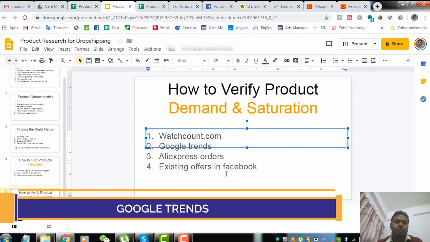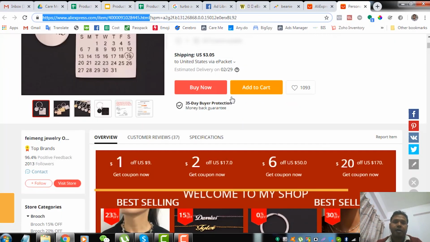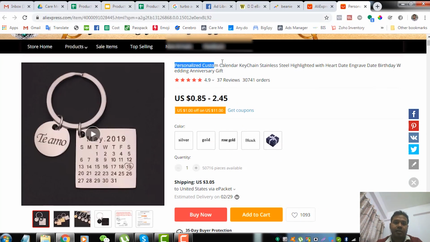One way of verifying the demand is to get the product name. It's not like you take the entire name, just get the idea of what it is. For example, in this case, personalized custom calendar keychain stainless steel window anniversary gift.